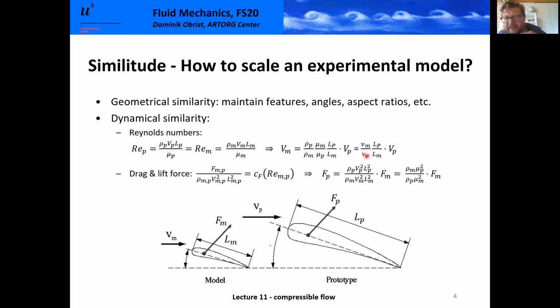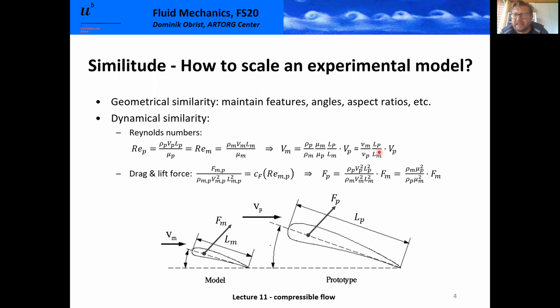Or we can simplify this by using the kinematic viscosity. So we see that the problem velocity, the velocity of the commercial airliner, is related to the velocity that we need to set in the experiment through the ratio of the fluid viscosities. If we use the same fluid, that ratio will be 1, and through the length scale.